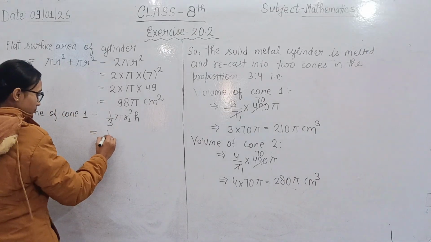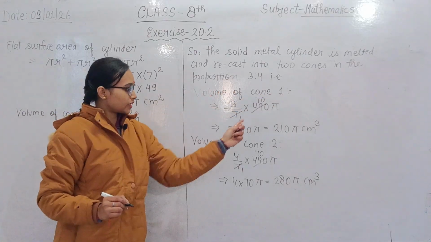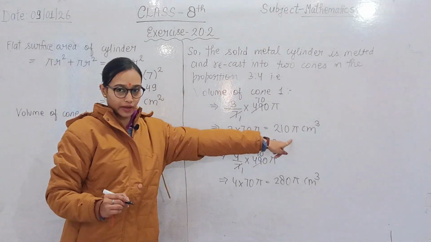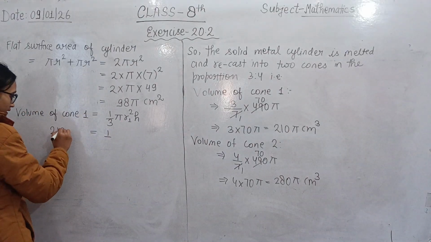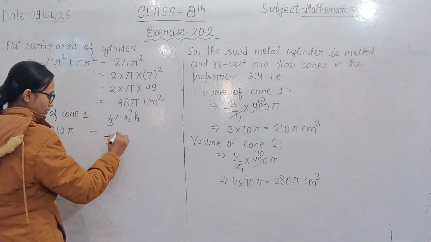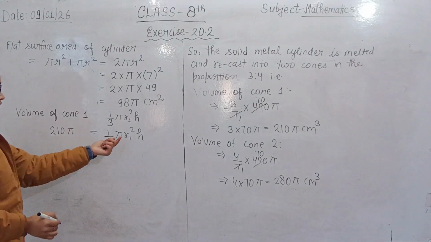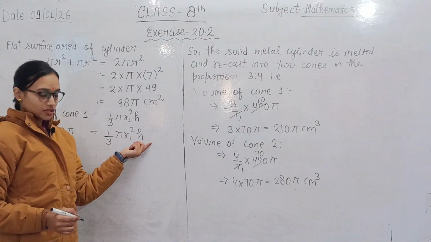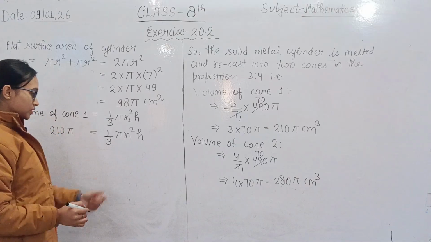On putting values, firstly we have calculated volume of cone 1 here as 210 pi. So we will put this value here, 210 pi. It will be equal to 1 upon 3 pi r1 square h. We know the value of h. So with the help of this equation, we will calculate the value of r1 square.